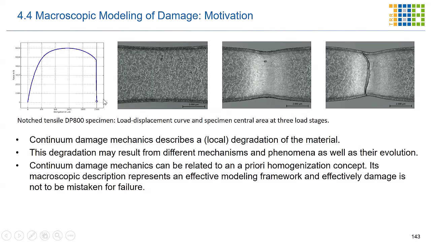In our models, we would like to, of course, take all this information regarding the material response into account. Taking this as a motivation point, I would like to introduce continuum damage mechanics. Continuum damage mechanics denotes a collection of approaches and models focusing on the simulation of material degradation phenomena. In these approaches, specific microstructural features and their evolution are not resolved.